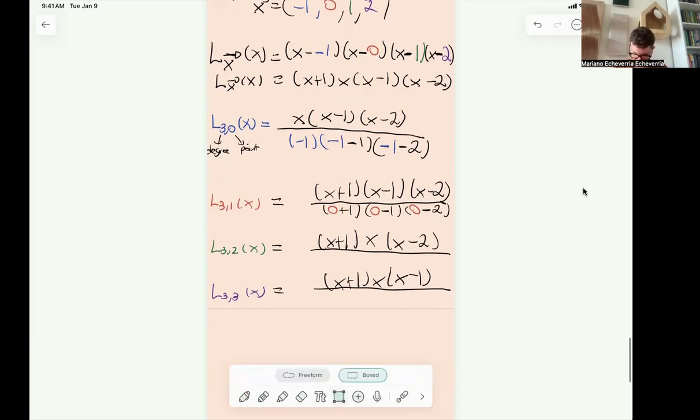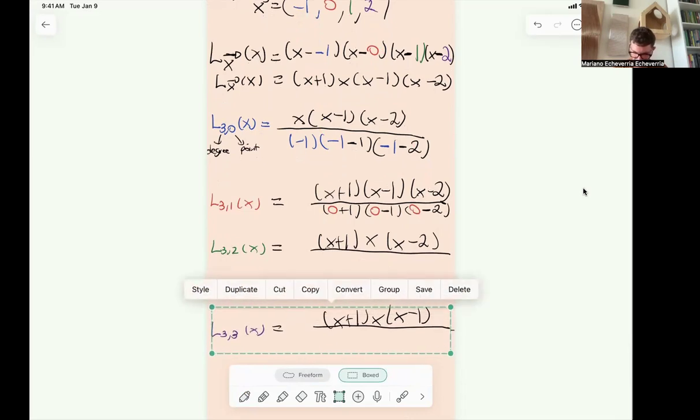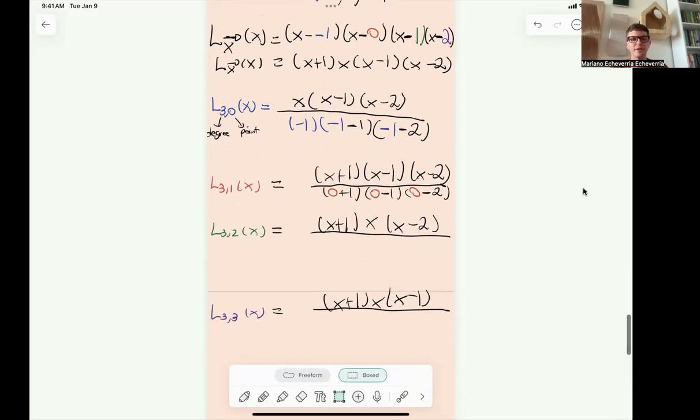Let me create a little bit more space because I'm running out of it. And then you do exactly the same for the other ones. The green one is associated to value 1, so you put x equals 1 there: 1 plus 1 times 1 times 1 minus 2.